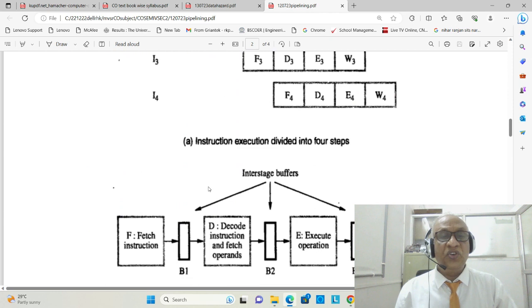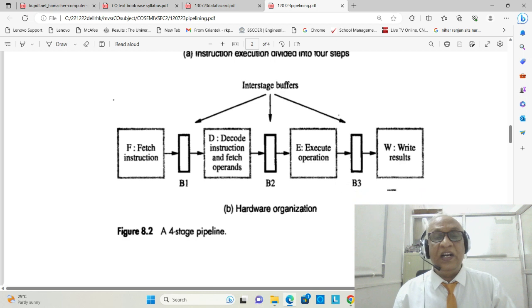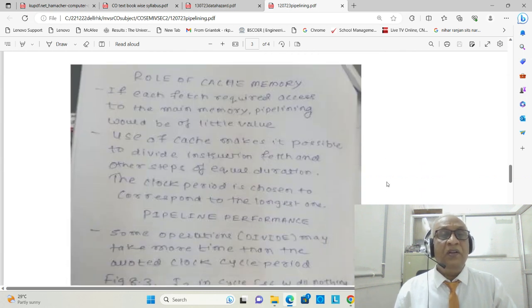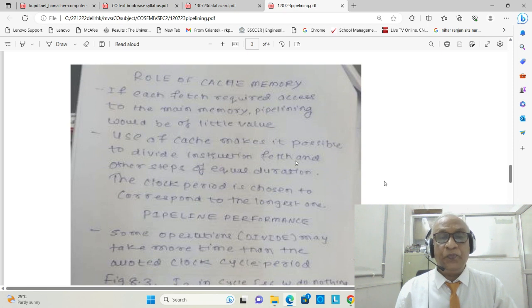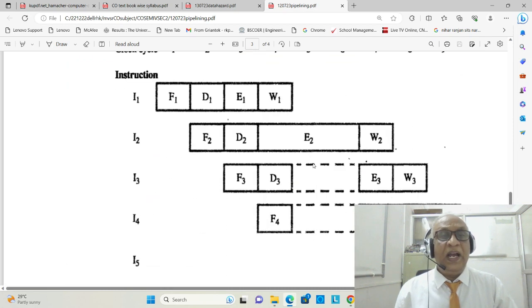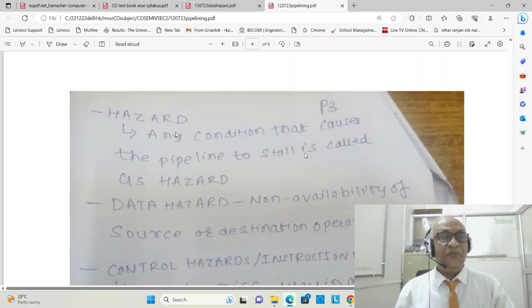If it is a four-stage pipeline, we'll be using three buffers: buffer 1, buffer 2, buffer 3, and the instruction execution stages will be fetch, decode, execute, and write. We tried to understand the role of cache memory, and then we ended with the word hazard.